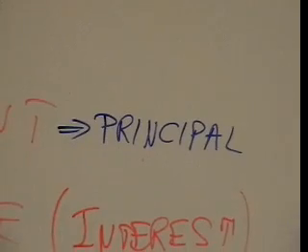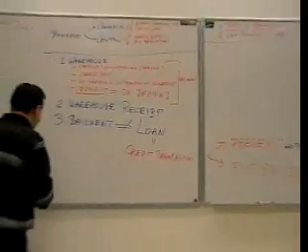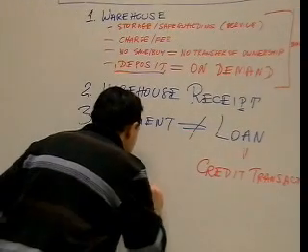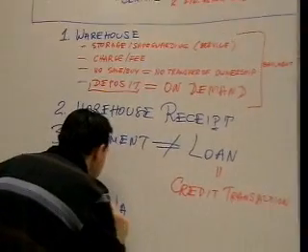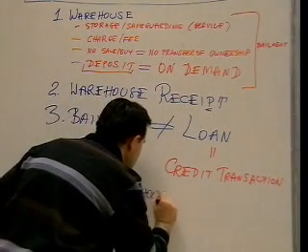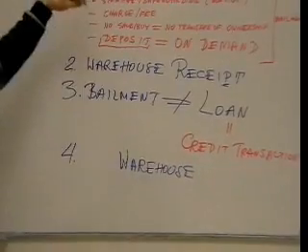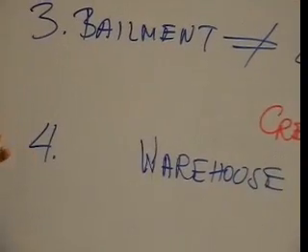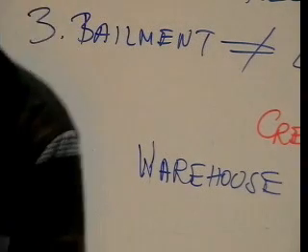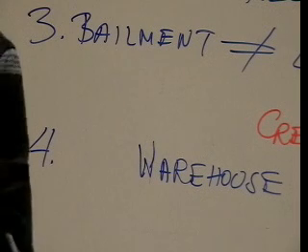Principal. And let me finish with the last point 4, which is very short and very straightforward. When you have a warehouse, okay, like any of these warehouses with all the properties that we've discussed, and that warehouse specializes in the business of warehousing money.